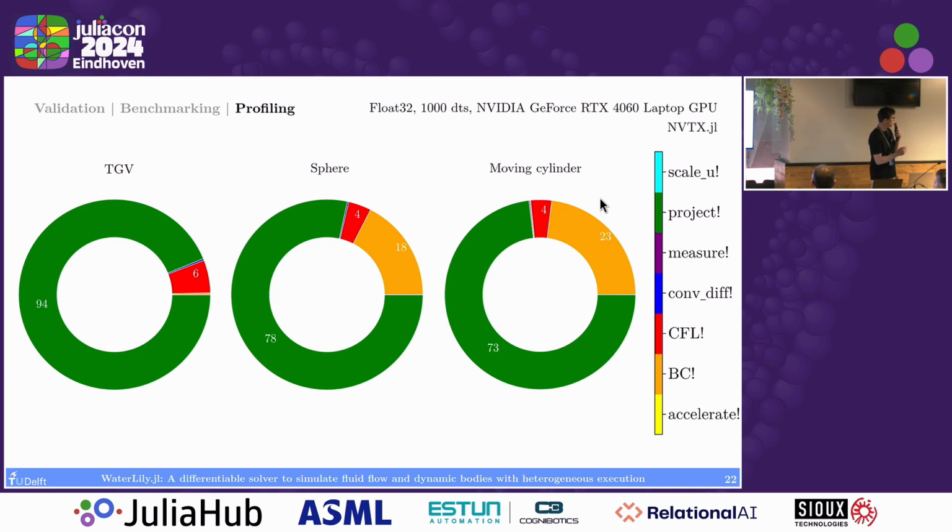As you can see, adding moving boundaries for this cylinder increases the boundary condition cost. It's much more than I was expecting when I did the profiling, so definitely we need to try to tune that one as well.